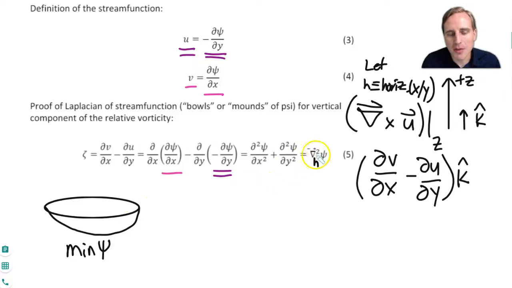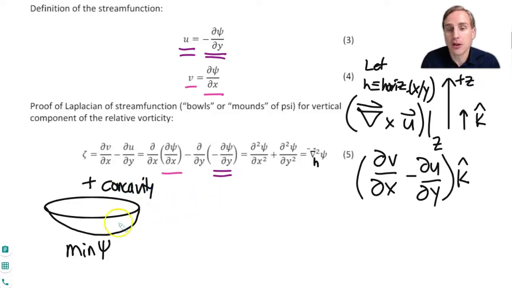Well, you have to think about this. So if you have the Laplacian of psi, that's going to be like a second derivative, but two-dimensionally. So if you have a minimum of psi, sort of a bowl, if you will, that's going to be positive concavity.